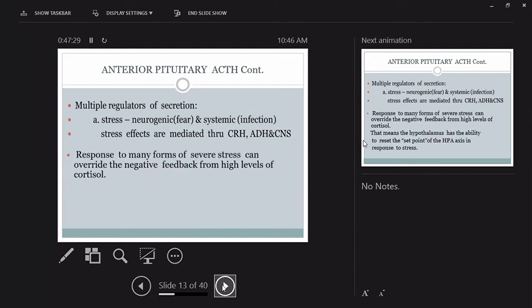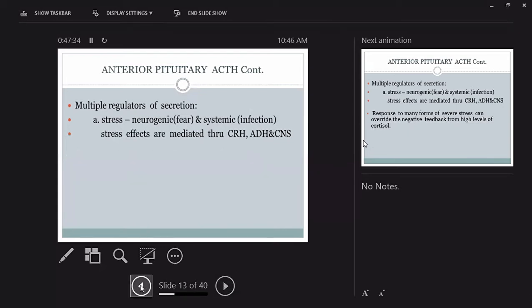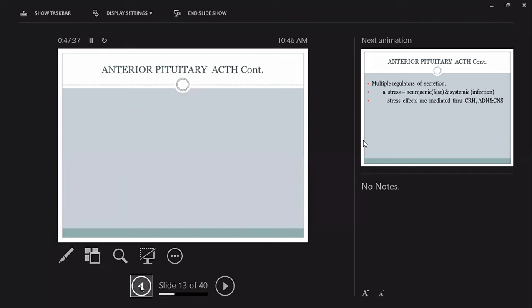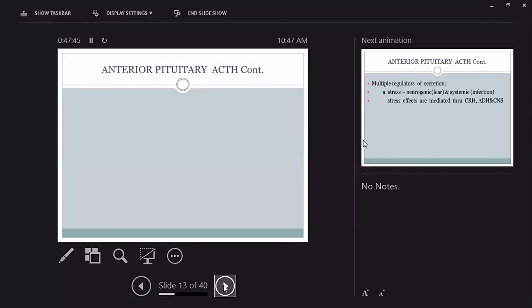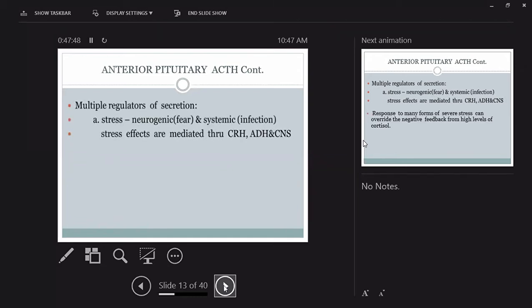There are multiple regulators of secretion. One is stress. Stress effects are mediated through the corticotropin releasing hormone, your ADH, and the CNS.